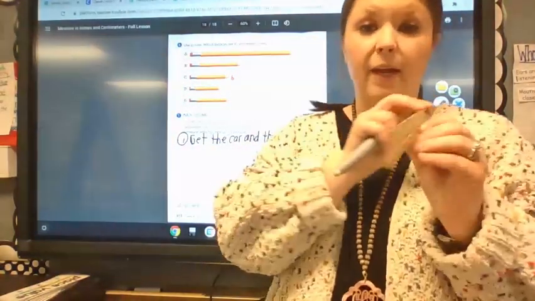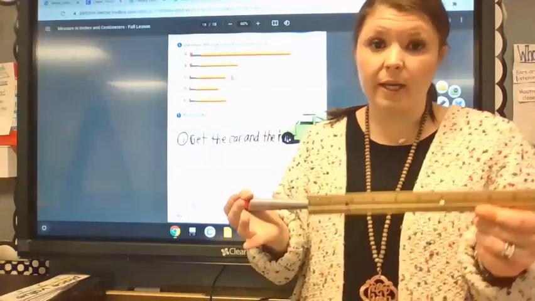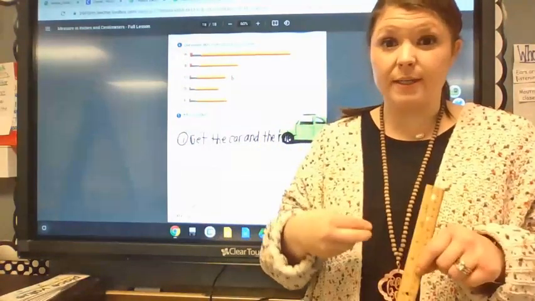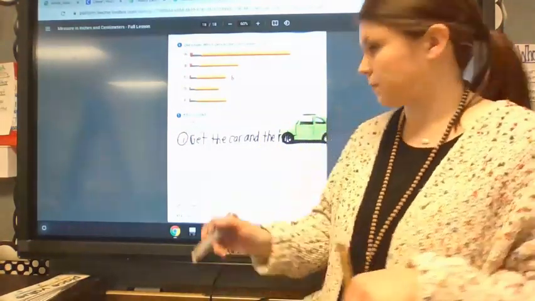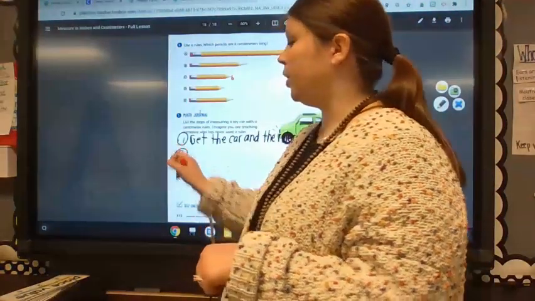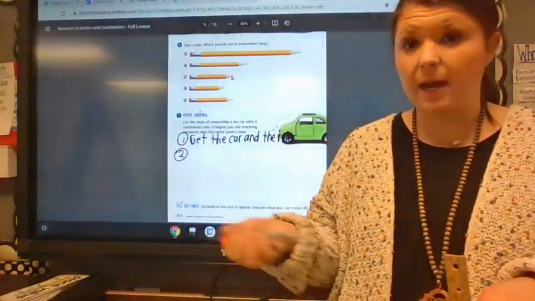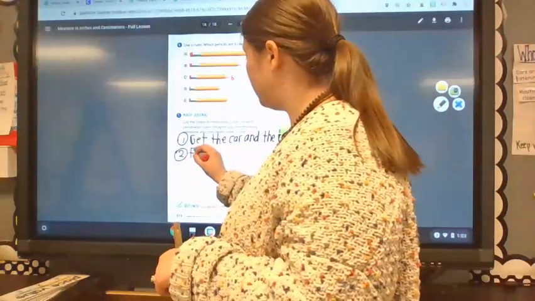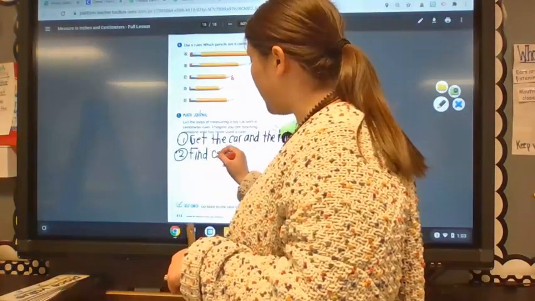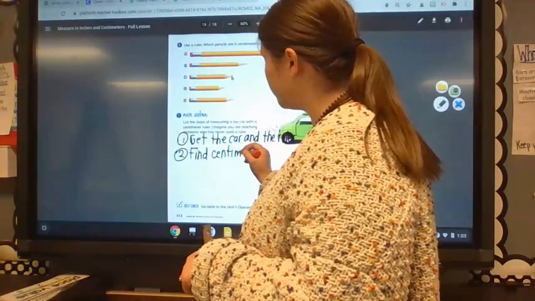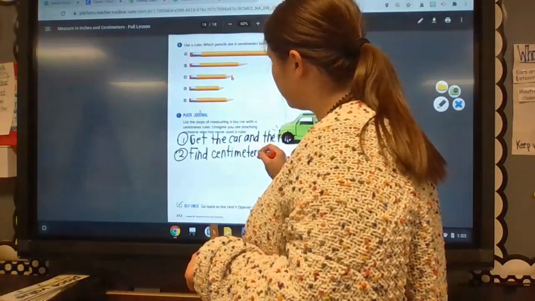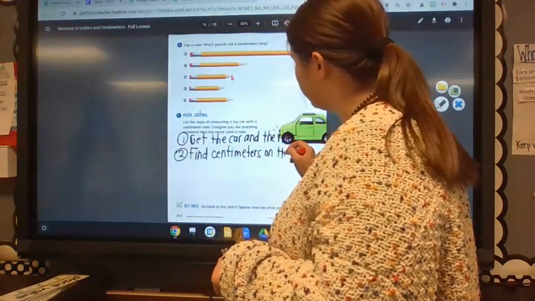They usually have inches and centimeters. So what do we need to do in order to measure in centimeters? All right, so 2, we need to find the centimeter side of the ruler. Find centimeters on the ruler.